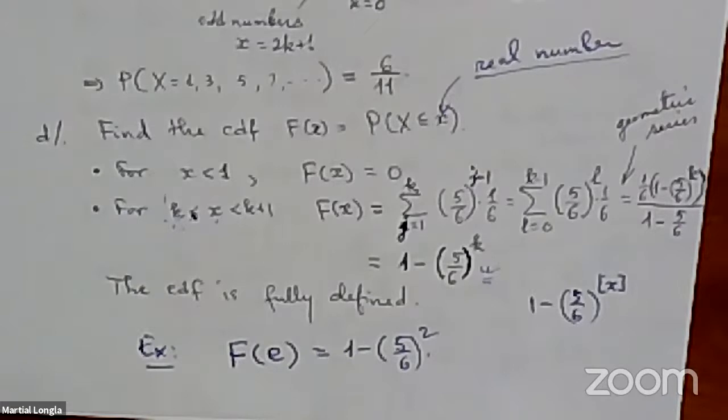To every x, there is only one k. But to many x's you can have the same k, like 2.5, 2.6, 2.7, e, they all have the same k. All right, next.